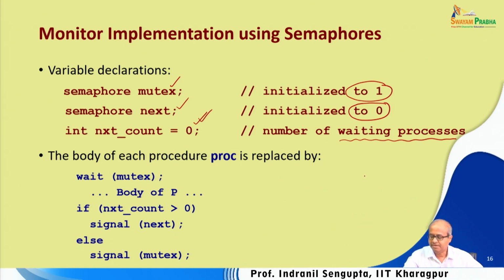So, I said that we have a monitor, there will be a number of waiting processes. How many processes will be waiting? That next count will be storing that number. And you recall, inside the monitor there will be several procedures.